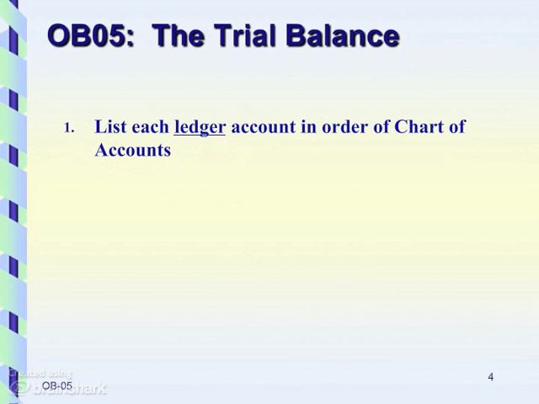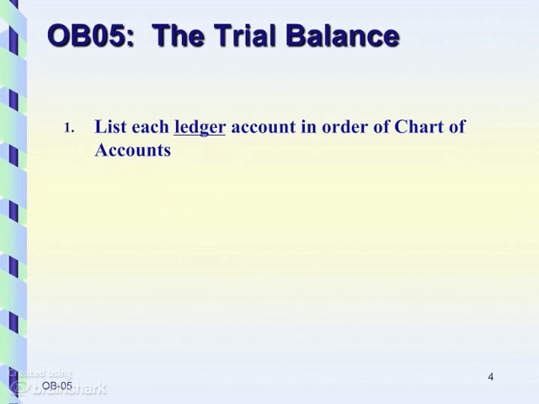Our assets are going to be listed in liquidity order, meaning how quickly they can be converted to cash. If there are multiple assets in the same category, they would be listed in alphabetical order. So if you have multiple accounts receivable accounts, you would list those in alphabetical order.